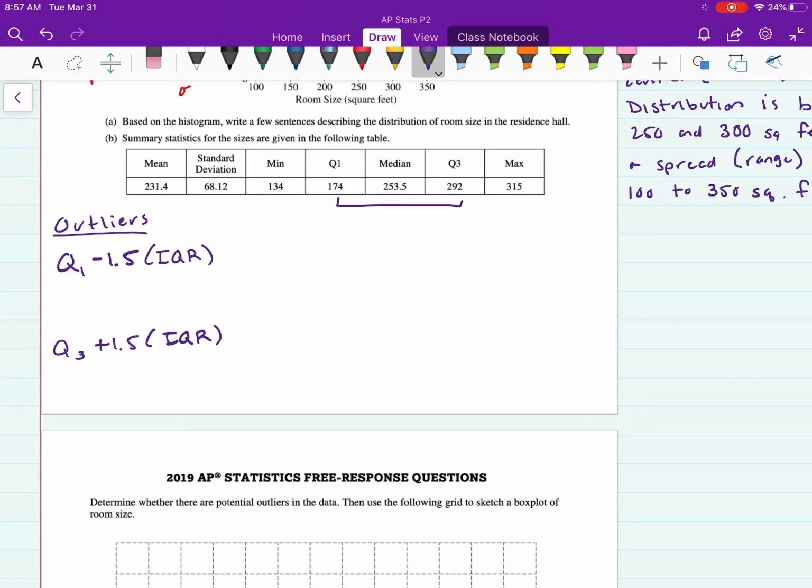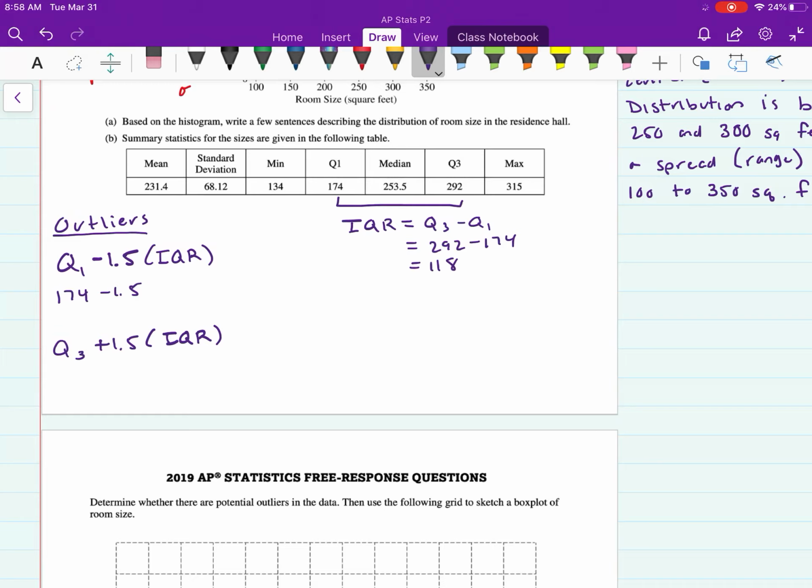First thing you gotta do is find out what the IQR is, which is Q3 minus Q1. All right, so that comes out to be 292 minus 174, which is 118.